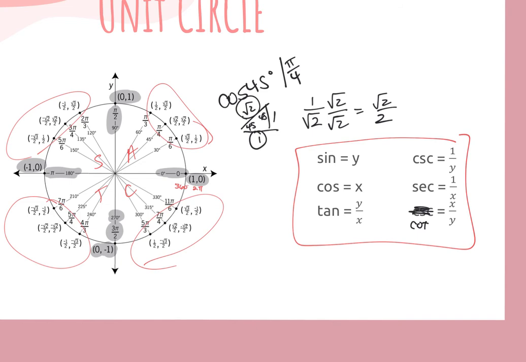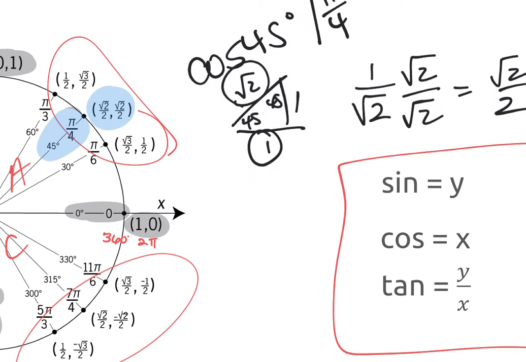I could locate my 45 degrees, which is here, or my pi over 4. And then I could look at the coordinate point there, which is root 2 over 2 and root 2 over 2, and I can pick the x, and that's the cosine. So you don't have to use a triangle to do that. So we'll use this as a reference on a test this time.